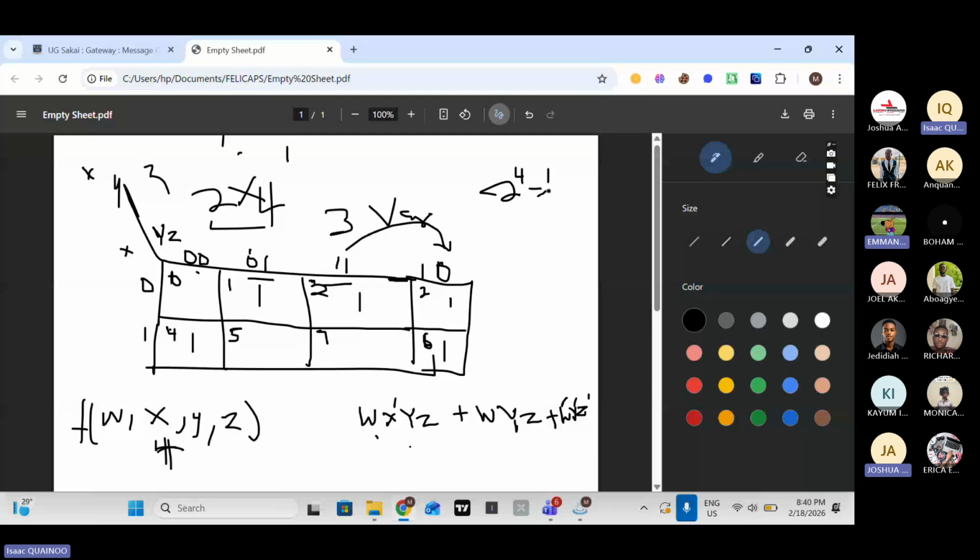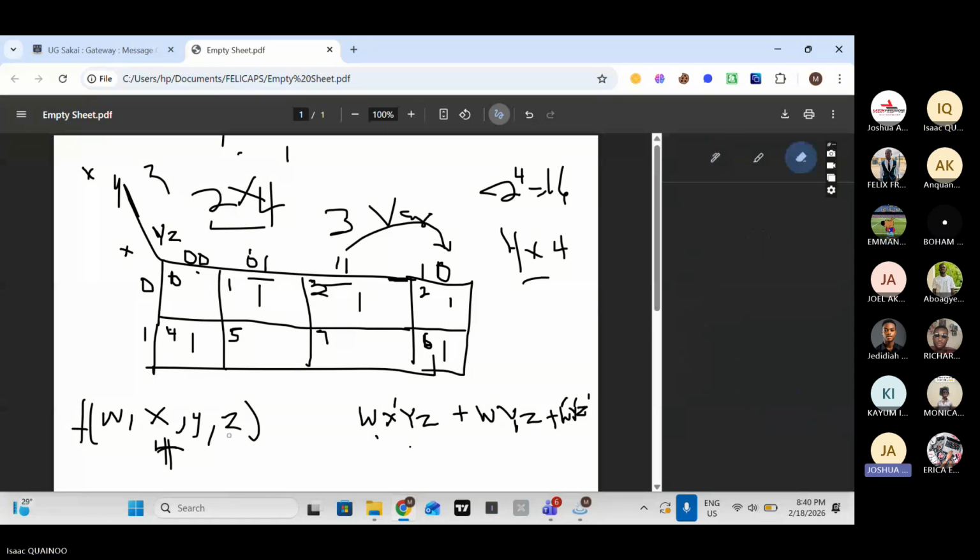And to be able to draw a 16 cell K-map, we make it 4x4, right? So a 4x4 K-map. Exactly. That will properly settle this. Please, are you together? Yeah, we're together. Let's go.